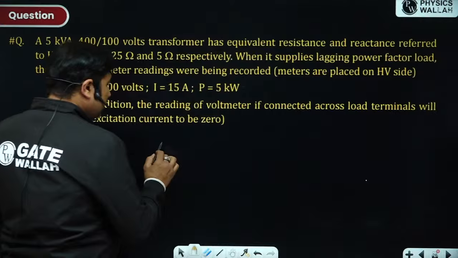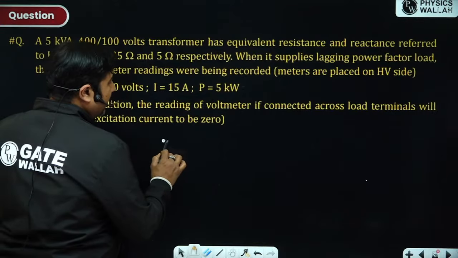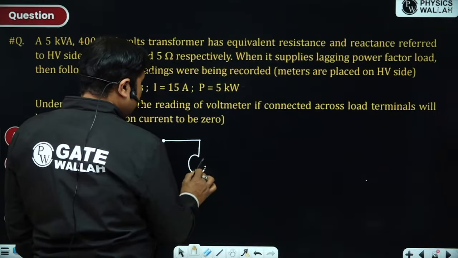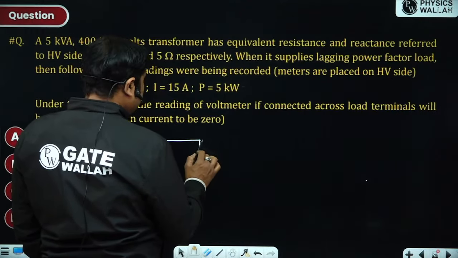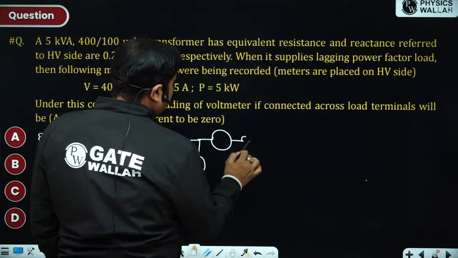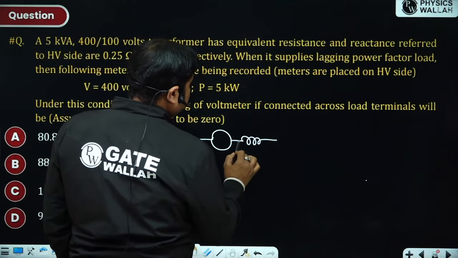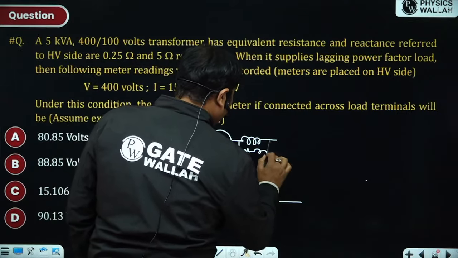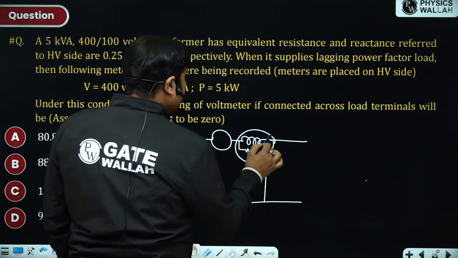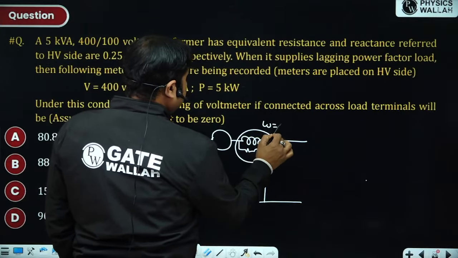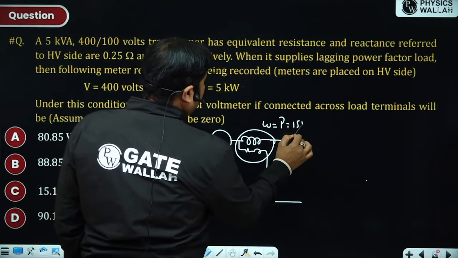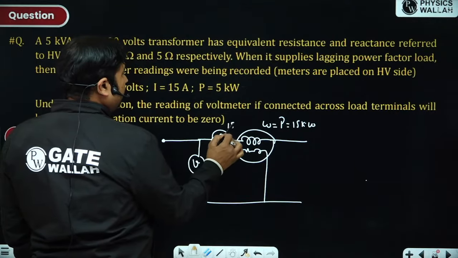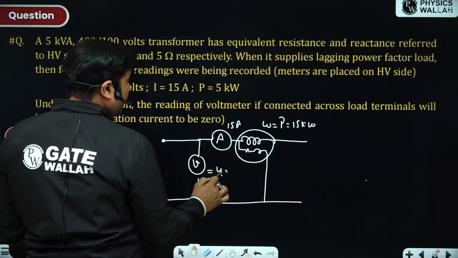Basically we have a supply, and onto the supply a voltmeter, an ammeter, and a wattmeter are placed. The wattmeter is reading 5 kilowatt, the ammeter is reading 15 ampere, and the voltmeter is reading 400 volts.